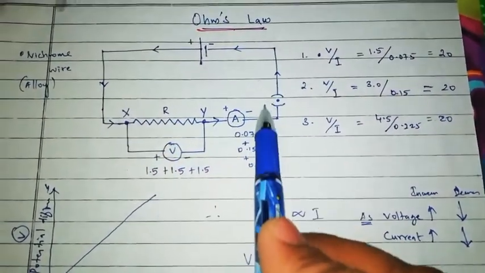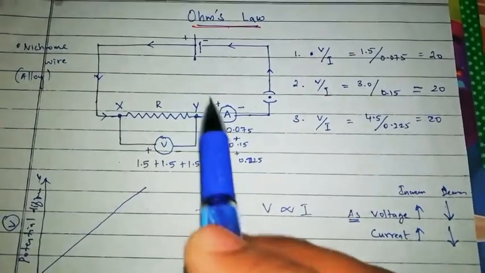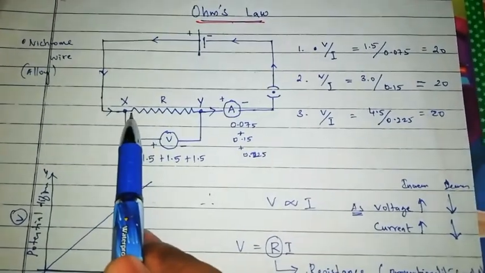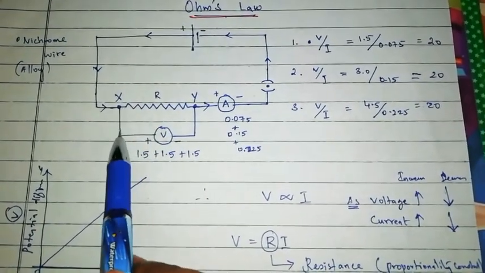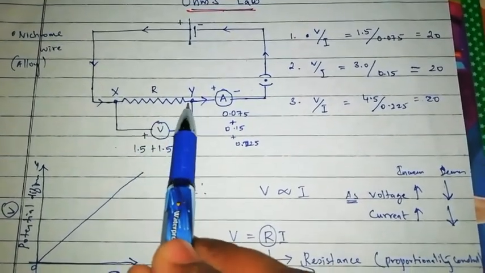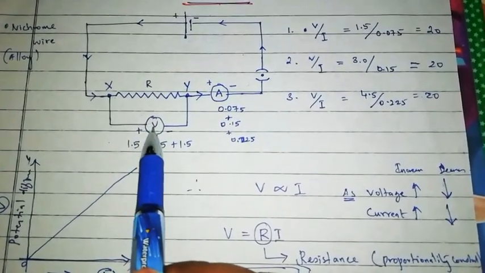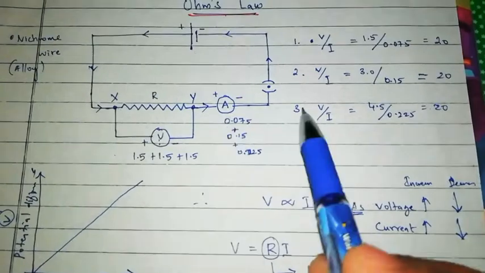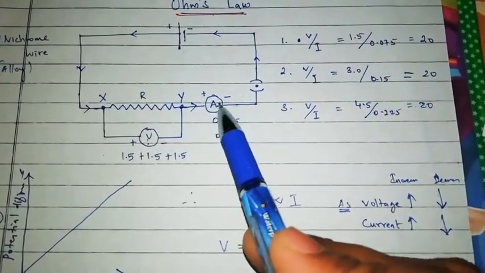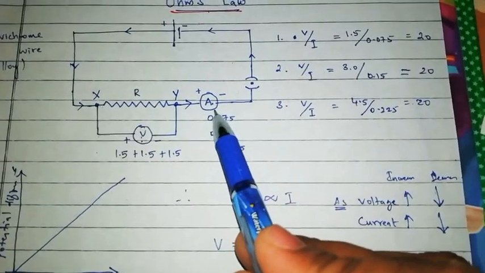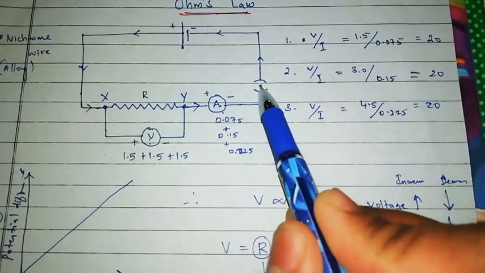From X to Y is the wire, and here we have connected a resistance. To identify the potential difference between these two points, a voltmeter is connected in between them. And this is an ammeter, connected here to identify the flow of electric current. The switch is here, and the switch is already in the on position.